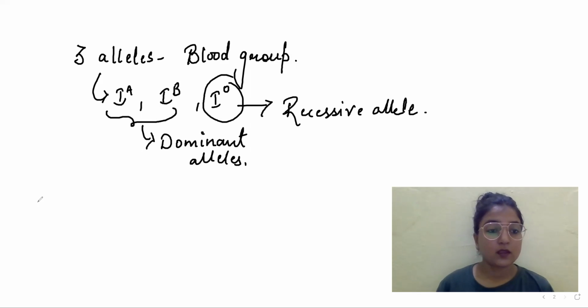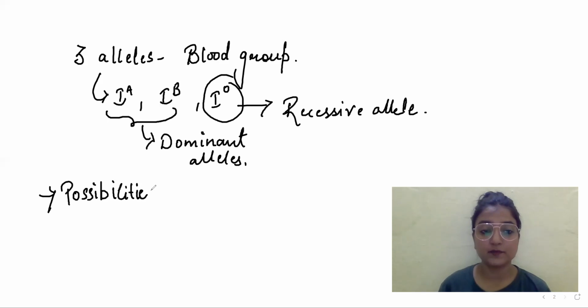Now we will be discussing the genotypes of the blood group, or the possibilities you can find in a person's blood group, right? So what are the possibilities here?